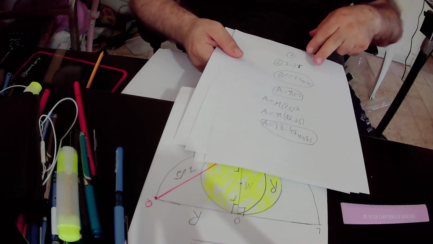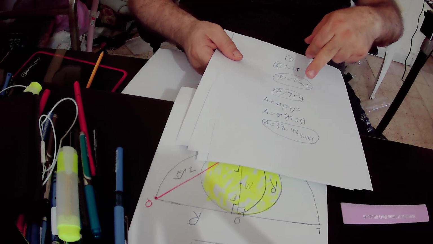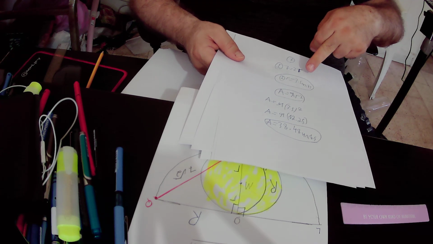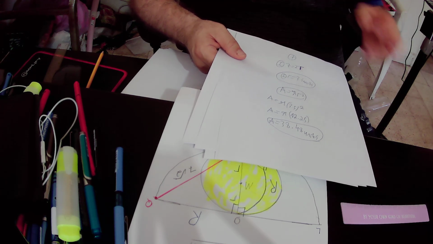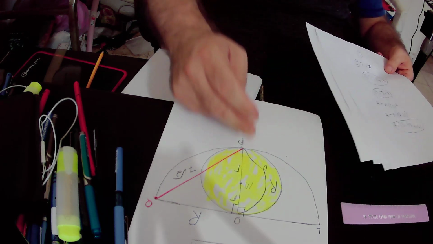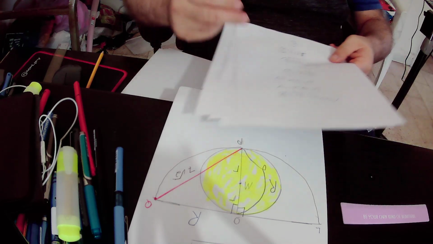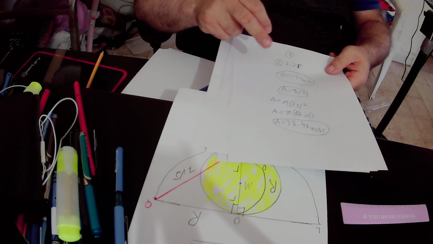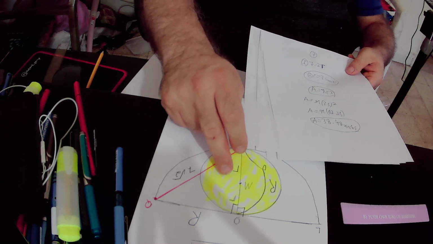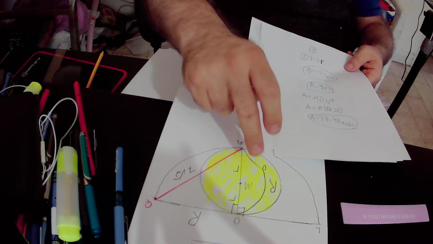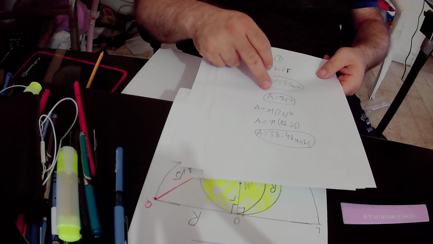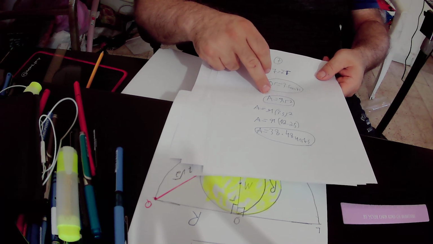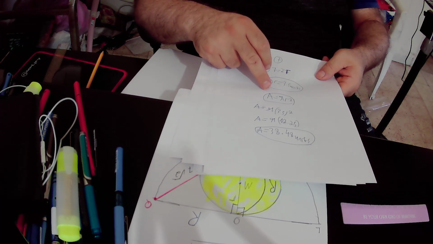We can substitute r by 3.5 units, that is the radius of the yellow circle. And in that way we will find the area of the yellow circle, that we call A.